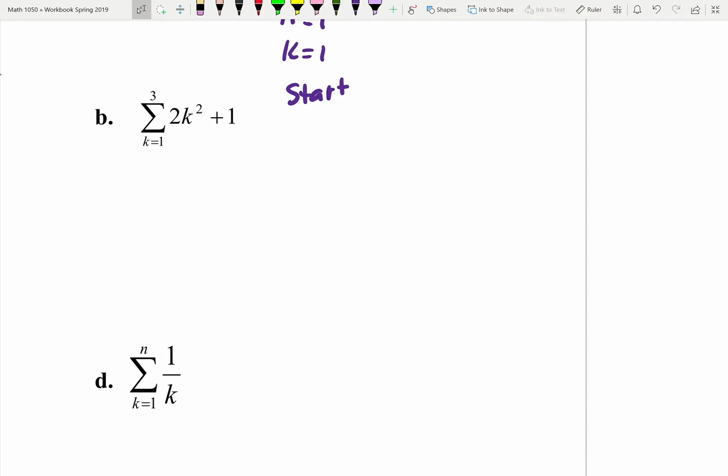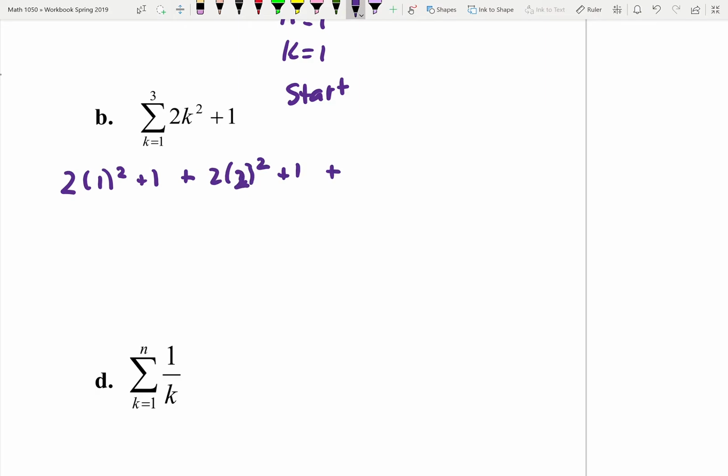This one right here, I'm going to add 3 terms together. First k is a 1. Do you see how it says k and then a k? So first k is a 1, then k is a 2, then k is a 3. So this is just 2 times 1 squared plus 1. That's the first one. You're going to add it to now k being 2. So that would be 2 times 2 squared plus 1.